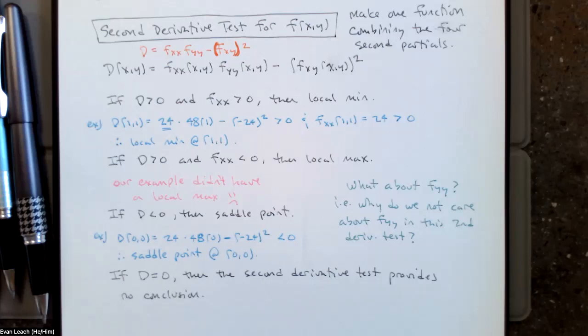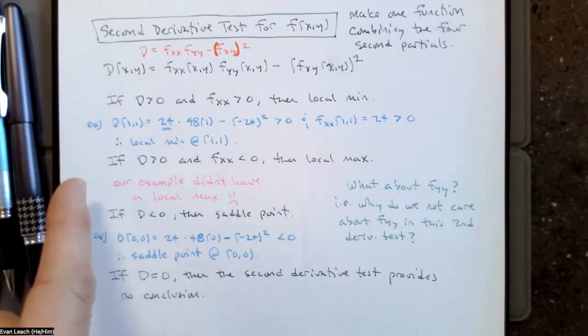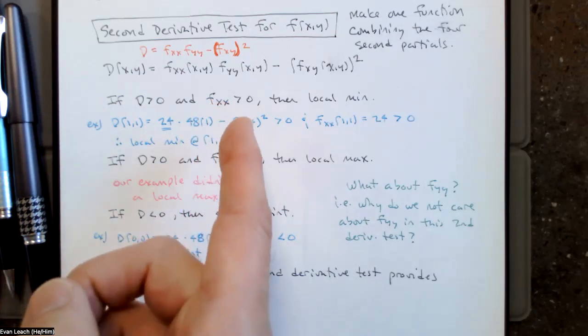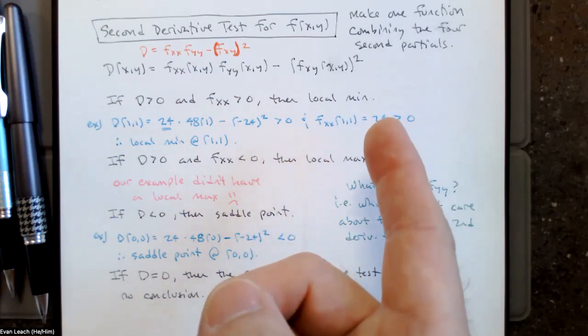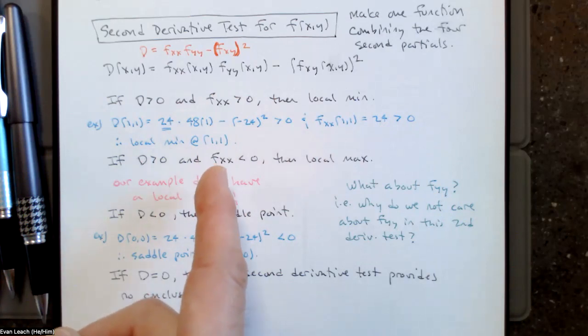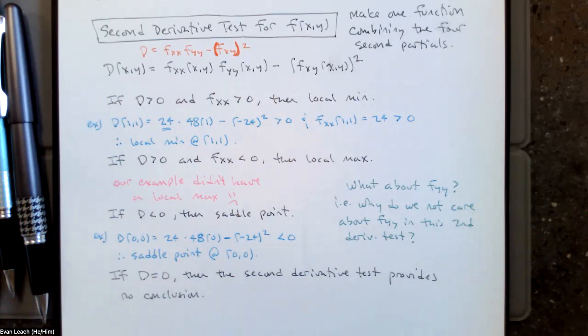The next way we make the decision is if d is positive, then we look at fxx, and the sign of fxx determines whether we have a local maximum or a local minimum. But we look at fxx only if d is positive. If d is negative, we immediately say saddle point and then move on with our lives.